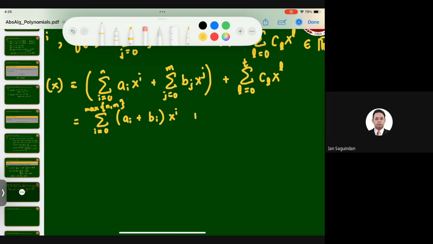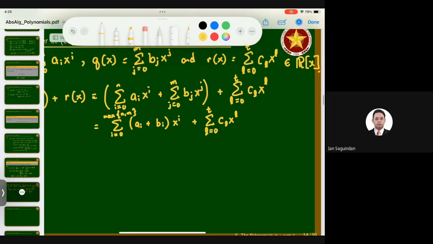Then we have the summation of all c sub l, x to the l running from 0 up to t. So we are now adding two polynomials at this point.